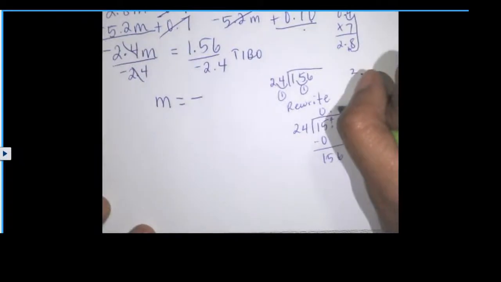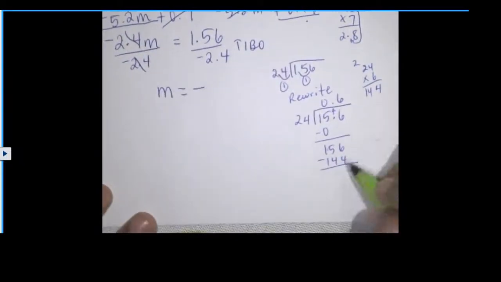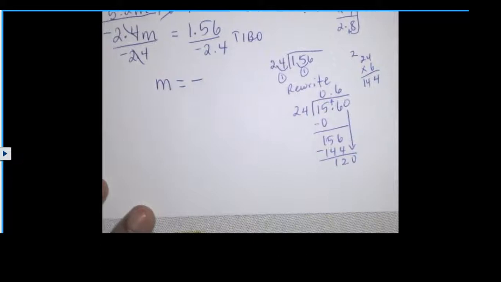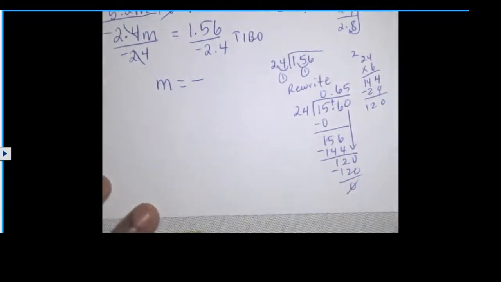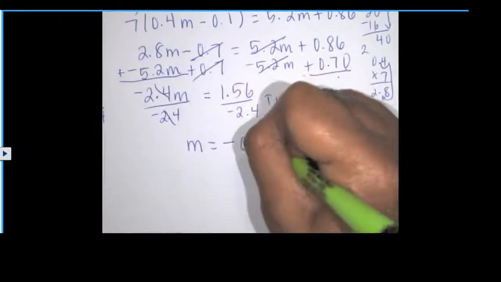So let's go 6 times for 144. When I subtract here, I'll get 12, bring down a 0. And 24, if I take it away from this, it'll give me a 120 if I subtract 24 from here. Let's just check. Yeah, so it's going to go in there 5 times. For 120, no remainder. So the answer to this is negative 0.65 for m.